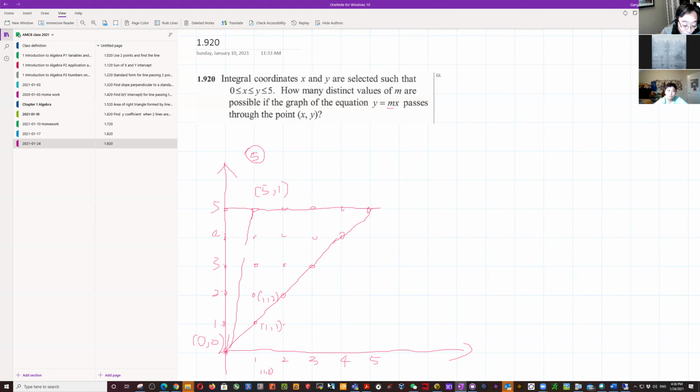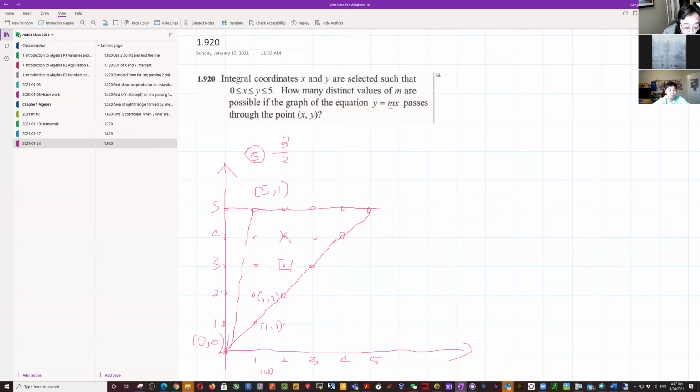Then for the second column, this is already a line passing through the same point, so we don't overcount it. And this one, it rises 3 and runs 2, so 3 halves. So this is a legit one. And this one basically will pass through this line, so it's not going to count.